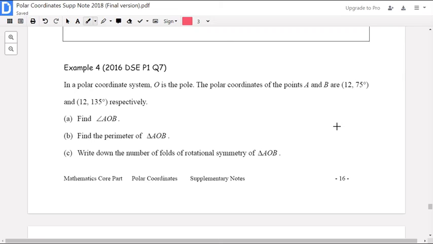Example 4. Again, another question from DSE 2016, Paper 1, Question 7. In the polar coordinate system, O is the pole, and the polar coordinates of A and B are (12, 75 degrees) and (12, 135 degrees). Now find angle AOB, and then find the perimeter of triangle AOB. And finally, write down the number of folds of rotational symmetry of triangle AOB.